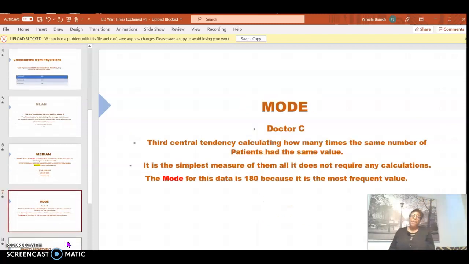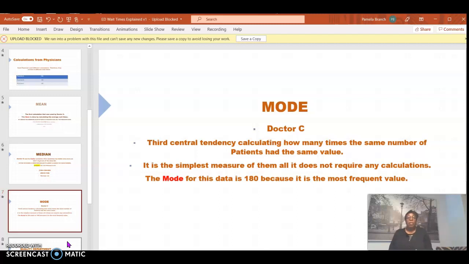Our last and final calculation is called the mode. The mode is how many times the same value appears in the data. In other words, it's the simplest measure of them all, and there's no calculation required.